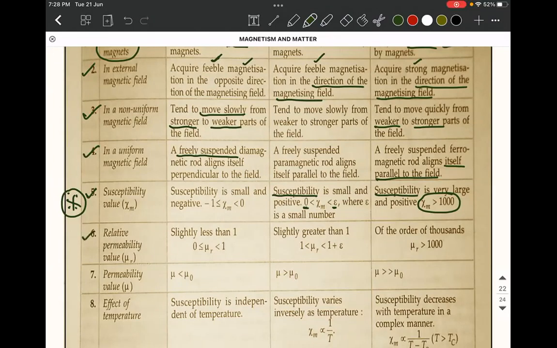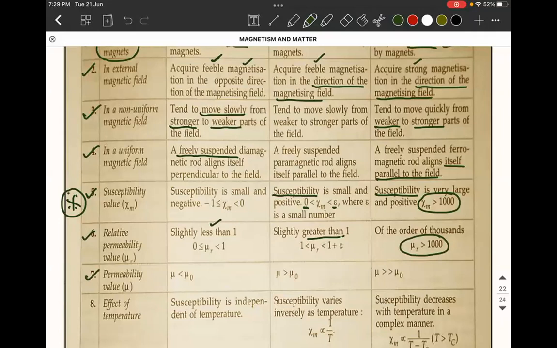Similarly, you talk about relative permeability. If the relative permeability is slightly less than 1, then it is a diamagnetic material. If the relative permeability is slightly greater than 1, then it is a paramagnetic substance. Whereas if the relative permeability is greater than 1000, then you call that a ferromagnetic substance.